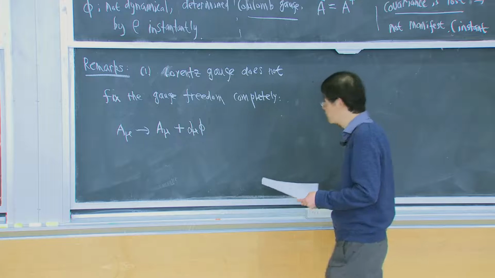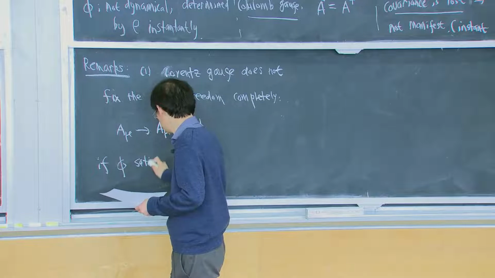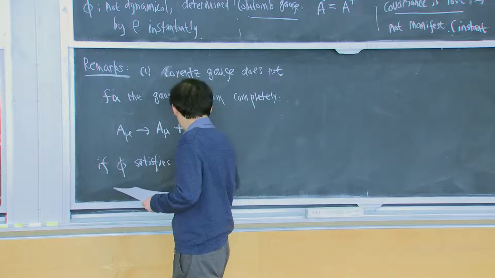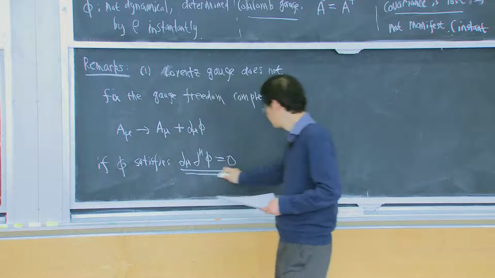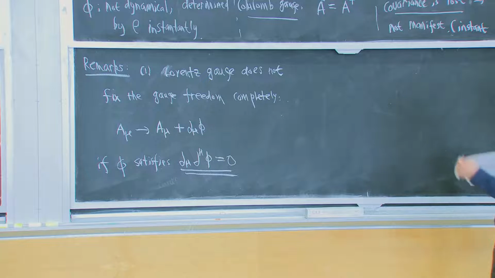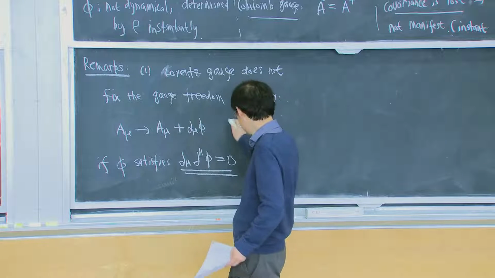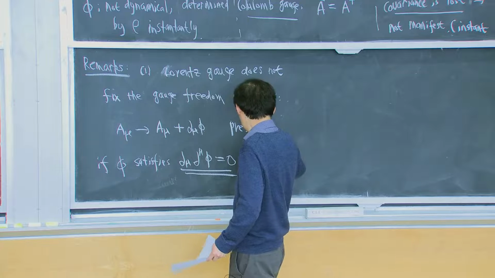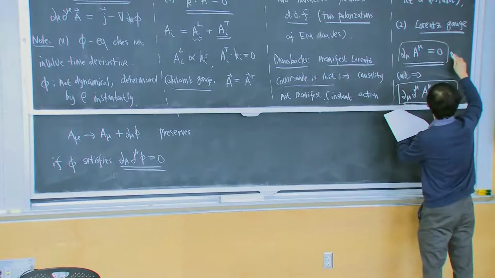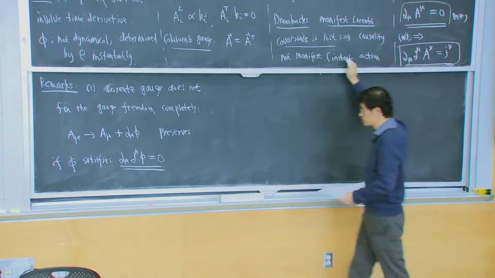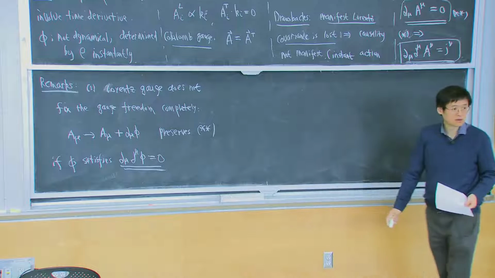If phi satisfies partial square phi equal to 0, then this preserves the gauge condition.